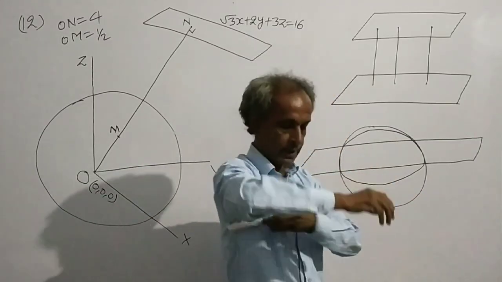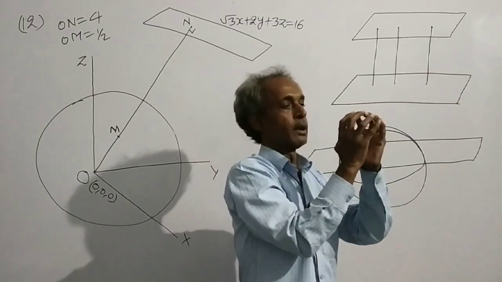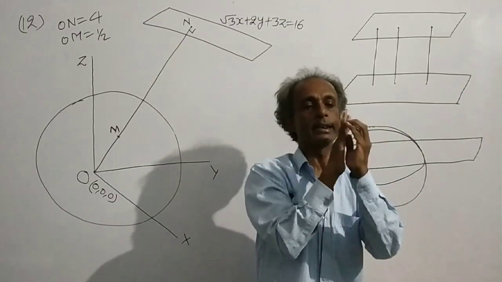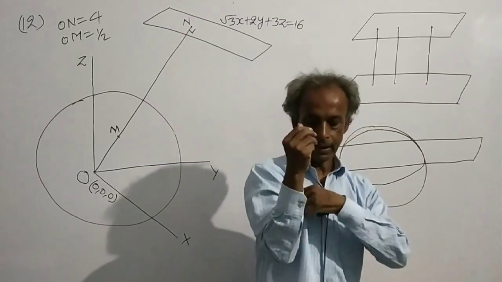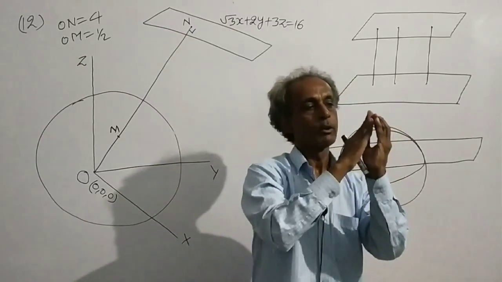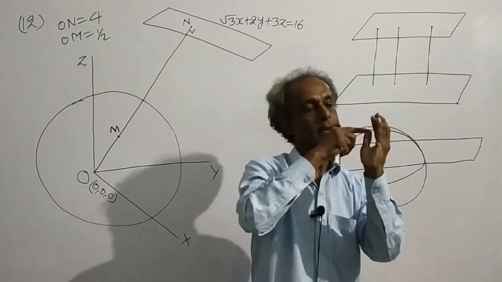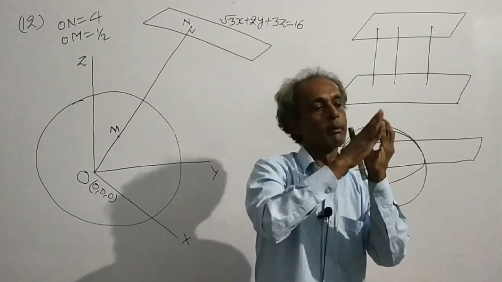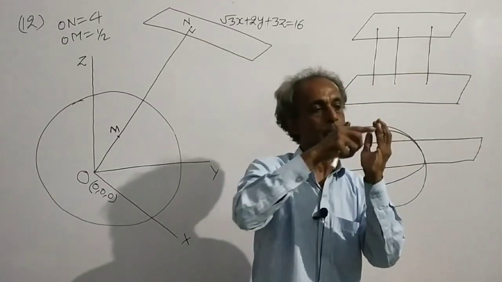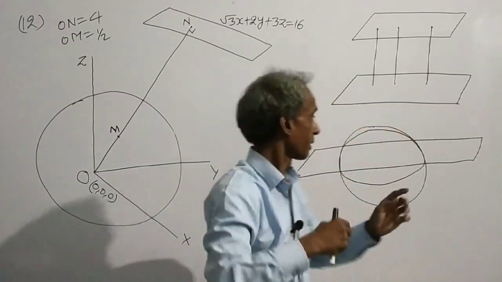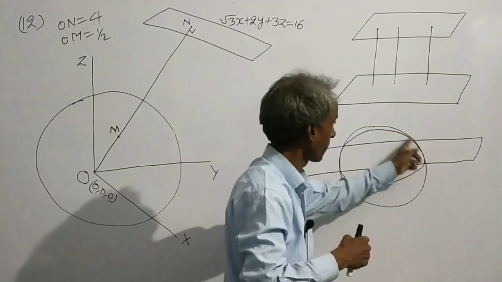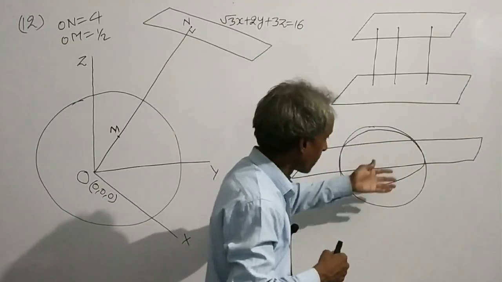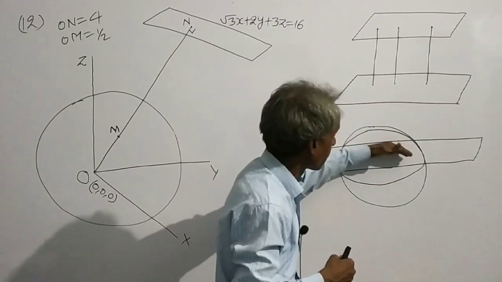Suppose this is a sphere, and a plane intersects it, then a circle will be formed which is on the surface of the sphere, and this circle lies completely on the plane.